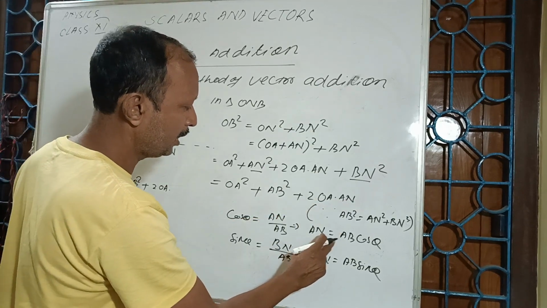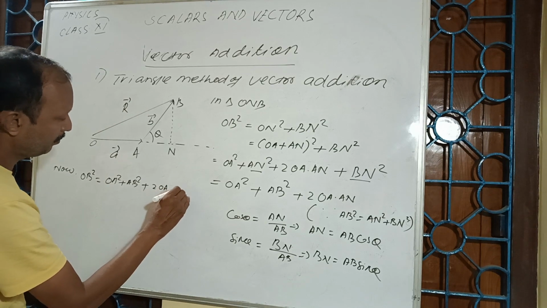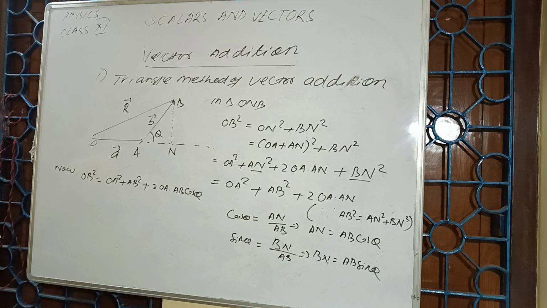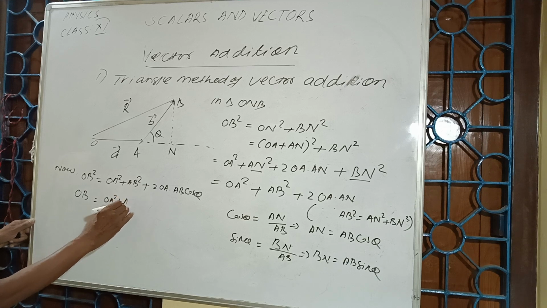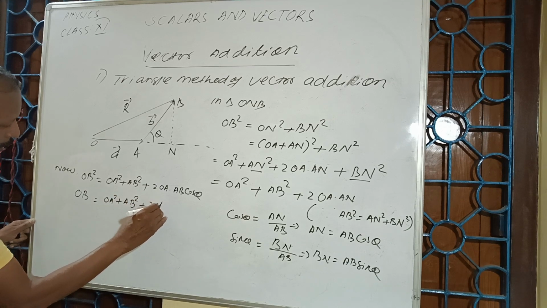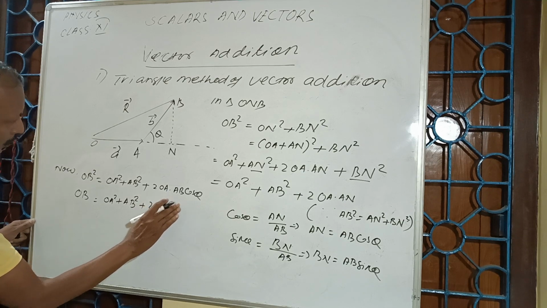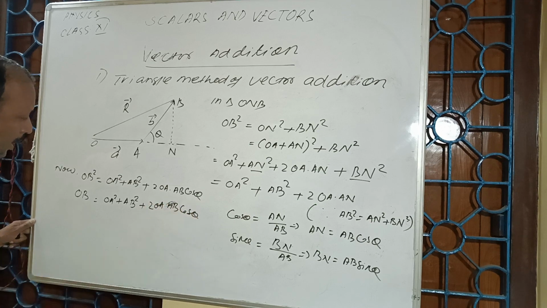In place of AN, I am using AB cos theta. So OB is equal to the square root of OA square plus AB square plus 2OA into AB cos theta.